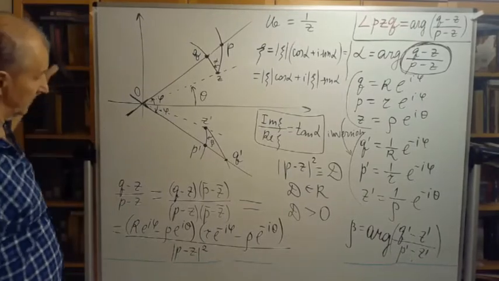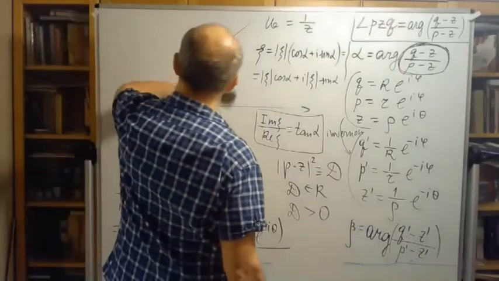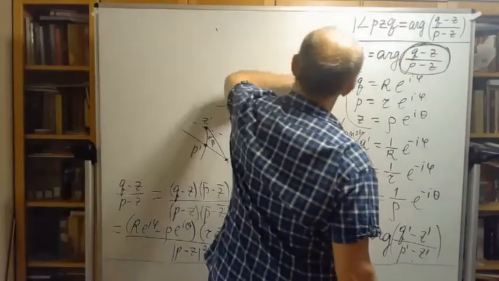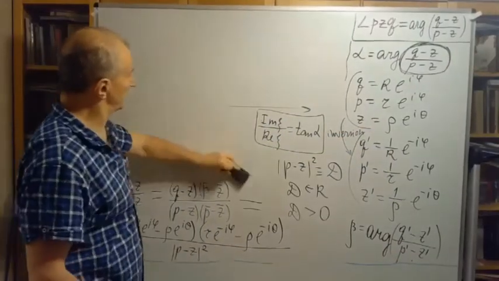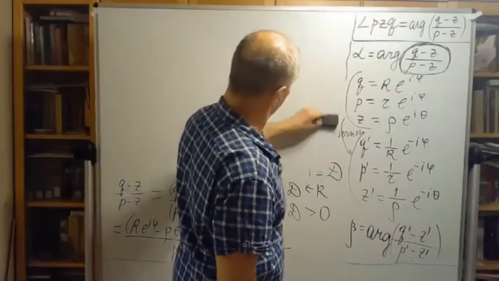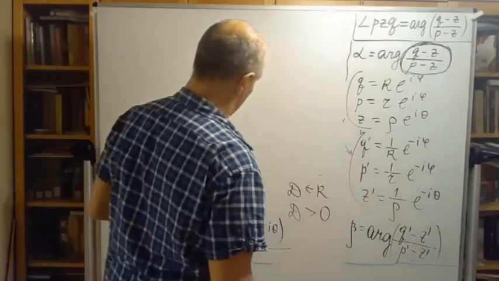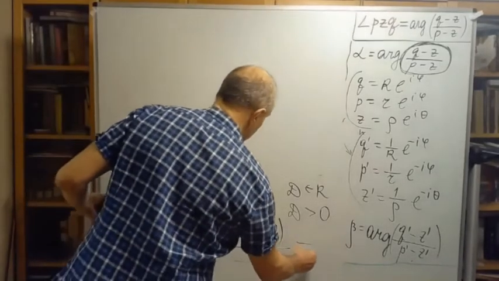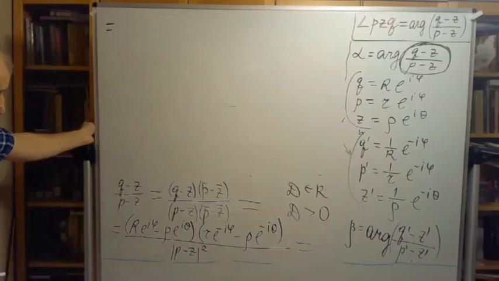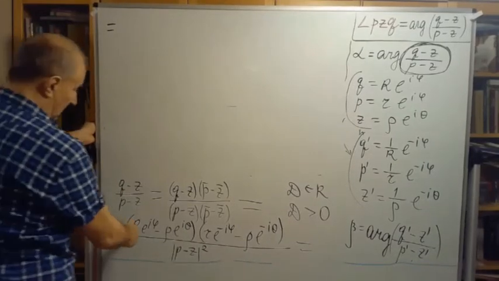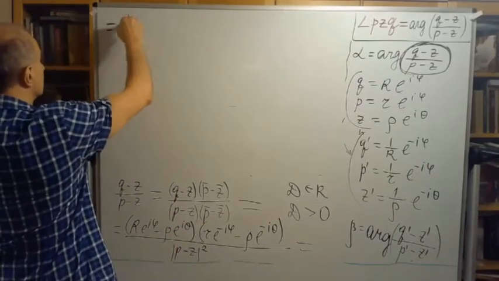I think I have to erase things, and then I don't need this picture anymore, but we will need to do a lot of calculations, so we need some room. Now it equals, I think we'll just have to multiply through. r e to the power i phi times e to the power negative i phi will cancel, so it will be just r.